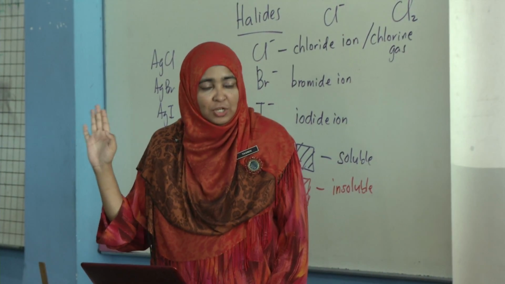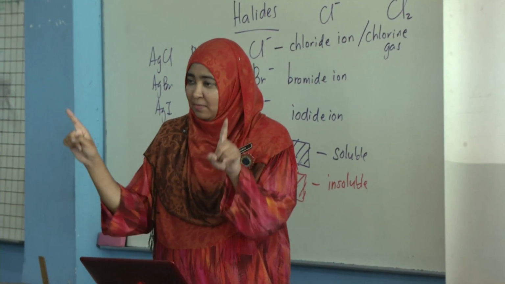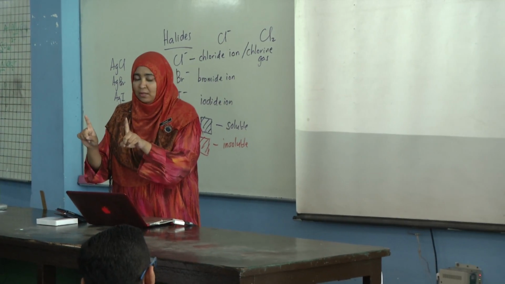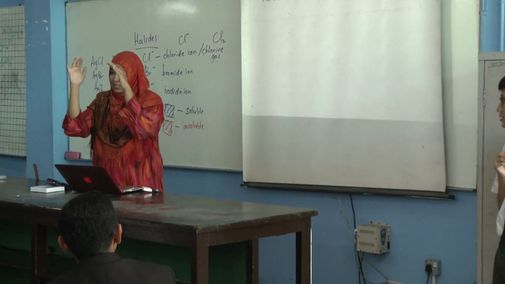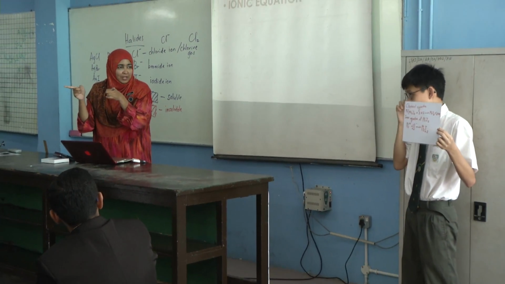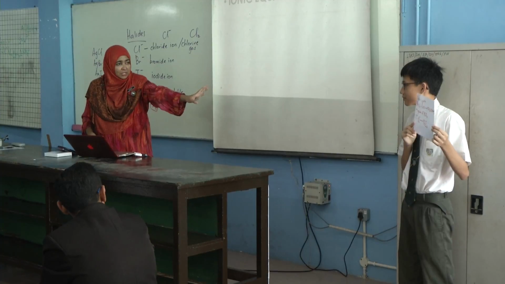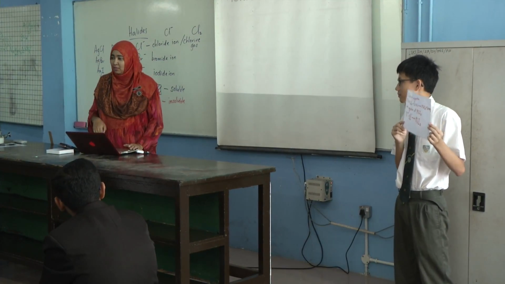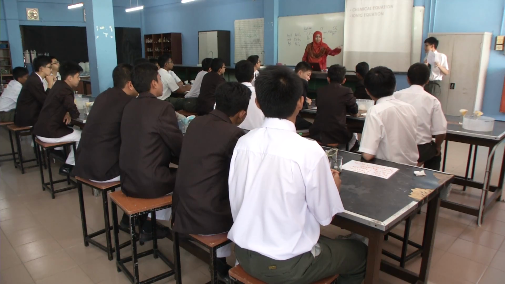Okay, since you cannot locate, look at the bracket. Now this group uses a square bracket. It's supposed to be just the circular bracket. Alright, so please make correction after this, okay? So just rub off and then write a circular bracket. Is that clear? Okay, alright, you can sit down.